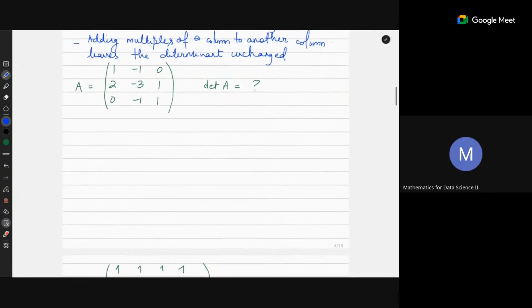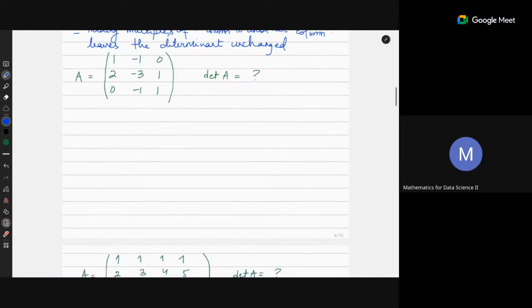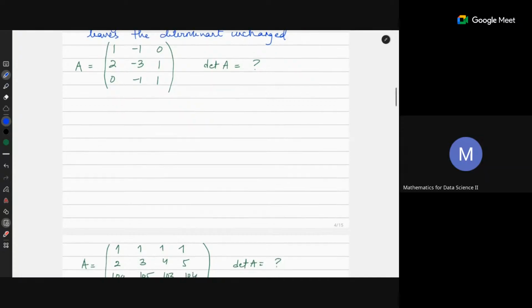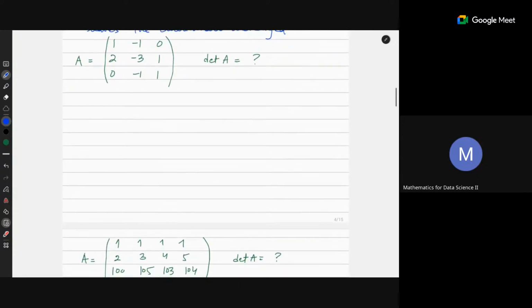All right. Now let's look at this matrix A. You can calculate the determinant of this matrix by expanding along any row, or you can realize that the second row is the addition of the first row and the third row.